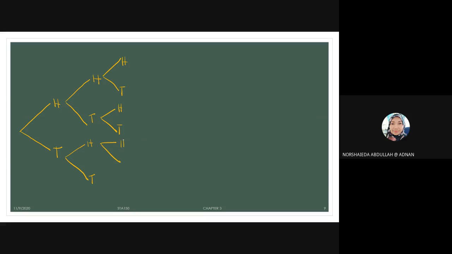And then the fourth coin, its outcome is also either head or tail.